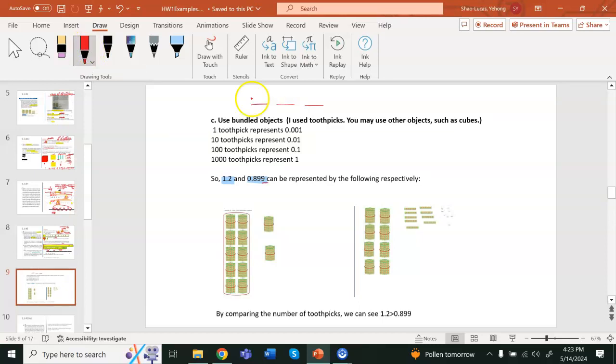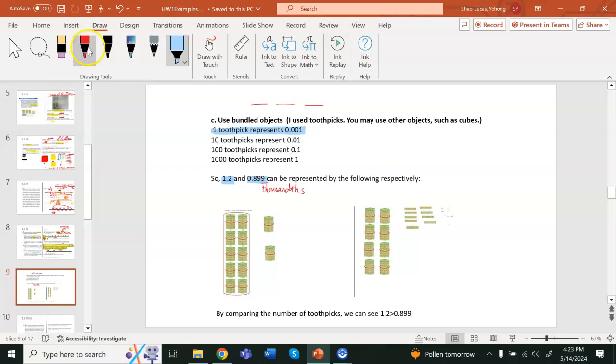So this is the smallest place value, which is the thousandth. And so we're going to use 1 toothpick to represent a thousandth, which is 0.001. This is very important because you don't want to use 1 toothpick to represent 1.